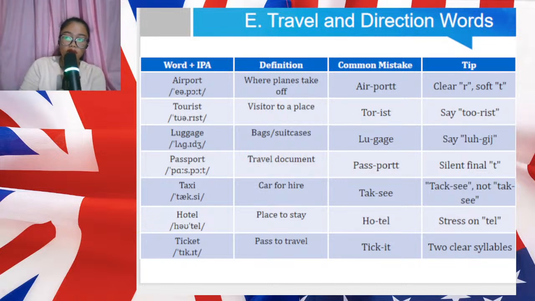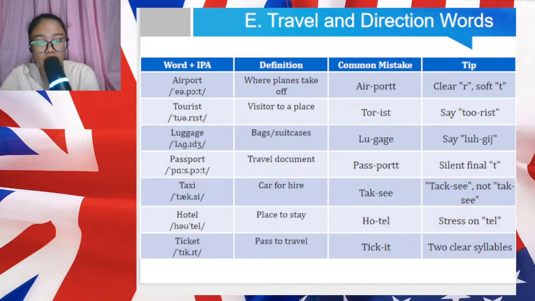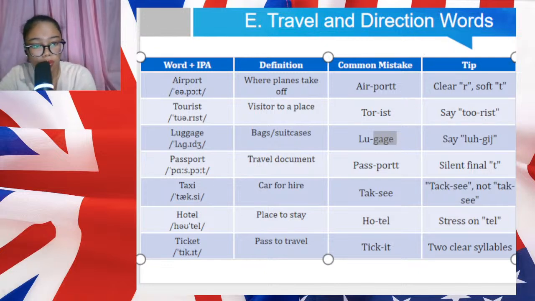Now the soft G sound here in the second syllable is where the confusion is, so we focus on that. It is really crucial, because if you pronounce it with a hard G, as in gag, it sounds quite different and of course incorrect.